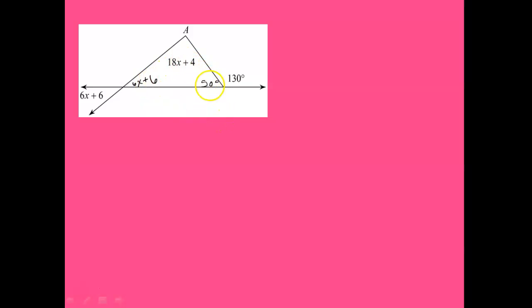So you add the three angles together, because now you see the triangle, and the triangle adds up to equal 180. All right, I had to pause for a second. So I have 6x plus 6, so this angle, plus 18x plus 4 plus 50 equals 180. I combine like terms, and I solve for x.